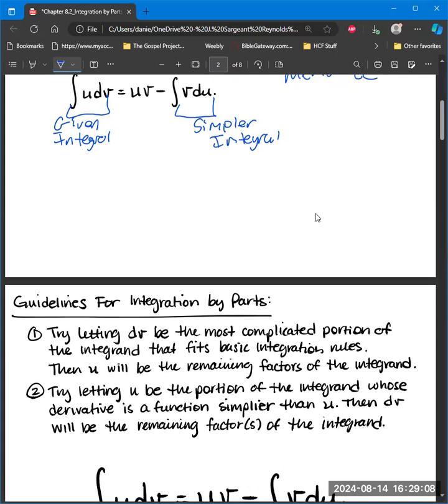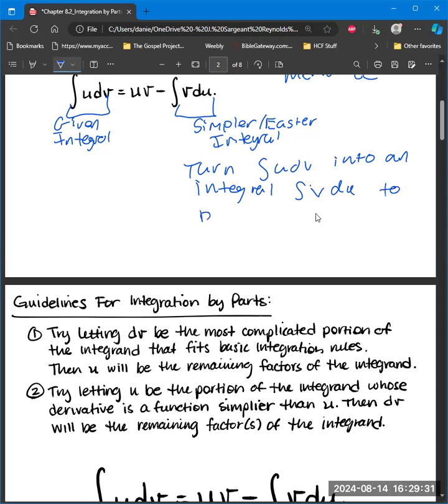So we want to turn the integral of u dv into an integral of v du to be an easier integral to evaluate. This is going to work with both definite and indefinite integration.